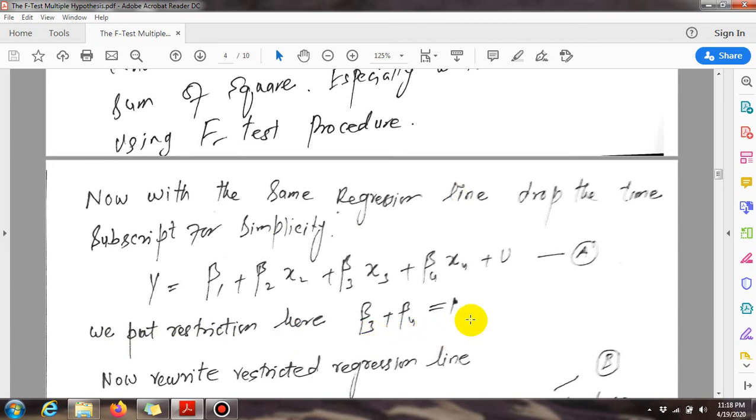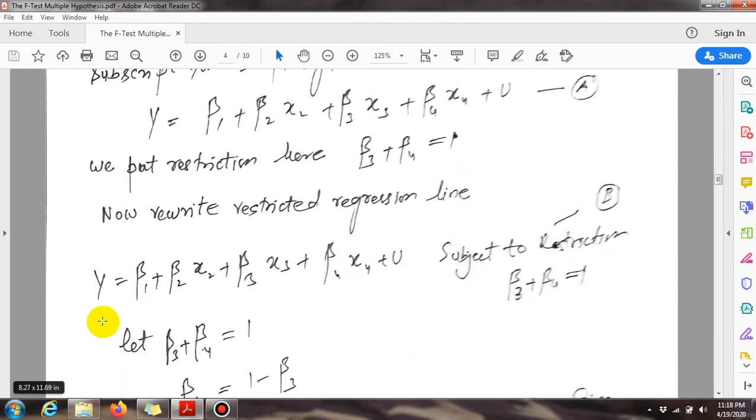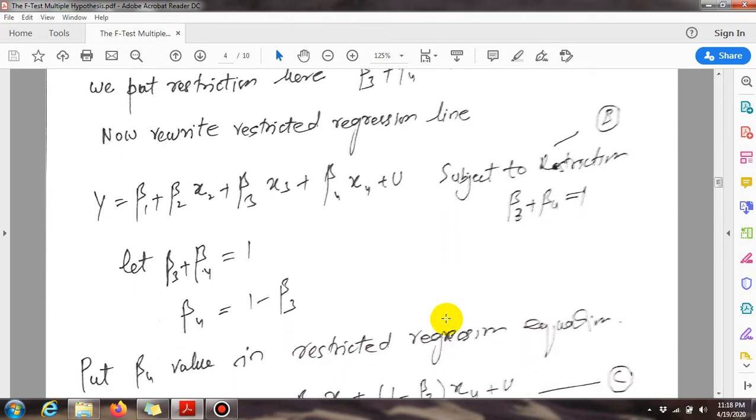Now we rewrite the restricted regression line. We can write it in this form: y is equal to beta 1 plus beta 2 x2 plus beta 3 x3 plus beta 4 x4 plus ut, subject to the restriction beta 3 plus beta 4 is equal to 1.